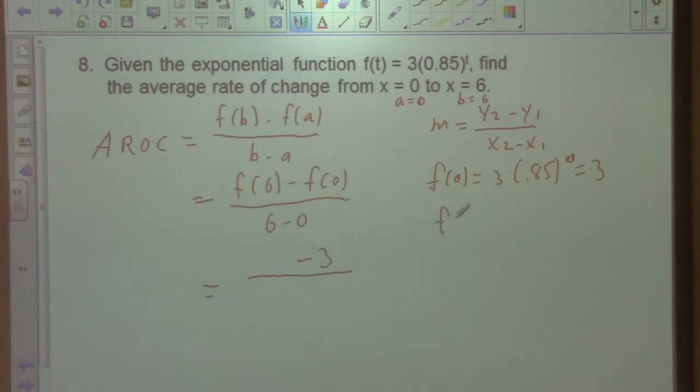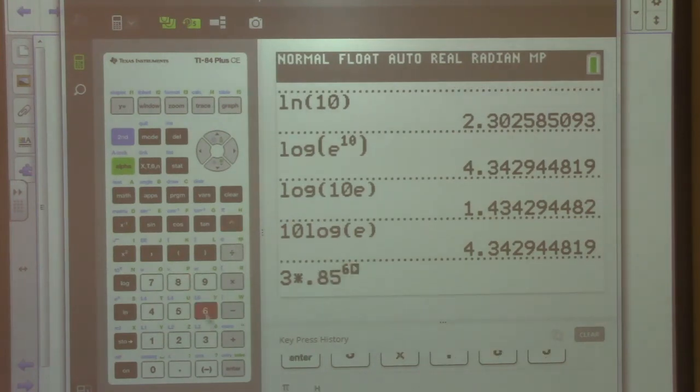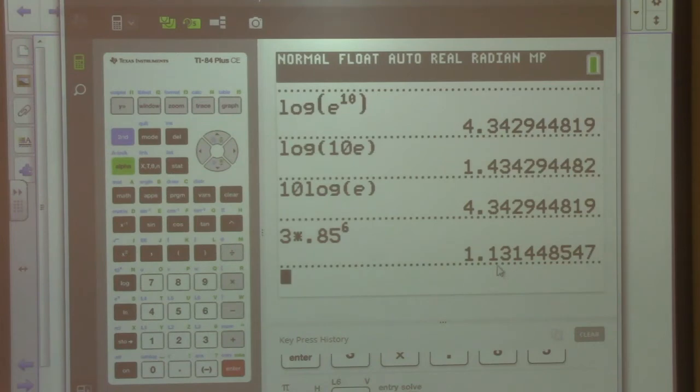And f of 6 is 3 times 0.85 to the power of 6, which you can go to your calculator for. So we get 1.1314, we'll say, right?